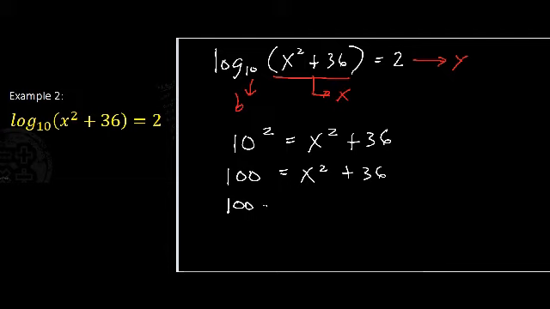So, transpose si 36, so 100 minus 36 is equal to x squared. So, we have here 64 is equal to x squared. Hindi ko na lang pinagpapalit pero pwede namang pagpalitin, pwede na namang hindi. Pareho lang din naman yan eh.